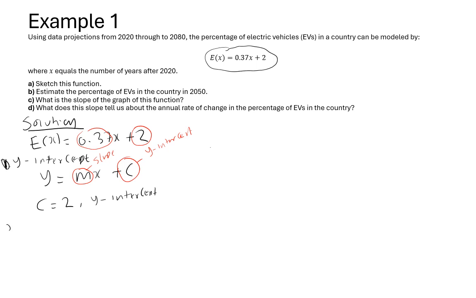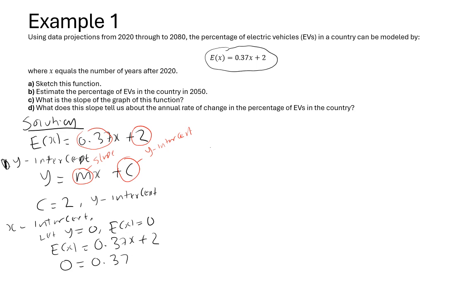So to find the x-intercept, we just let y be equal to 0, which in our case will be E of x equal to 0. So we have E of x equal to 0.37x plus 2. We replace this E of x with 0, so 0 equals 0.37x plus 2.